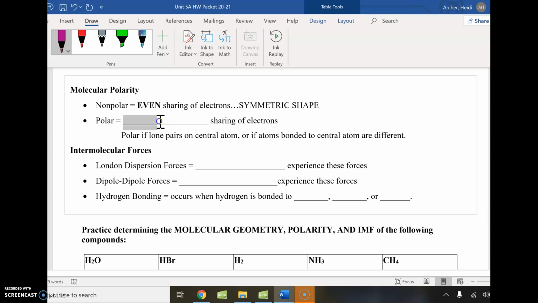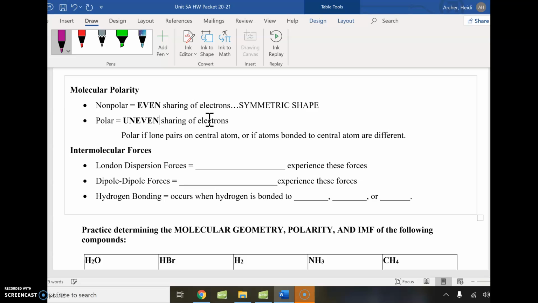If we have a polar molecule, it's kind of the opposite. So we're going to be looking for an uneven sharing of electrons, which is going to be indicated by an asymmetric shape. So these are our shapes that are kind of skewed off in one direction.